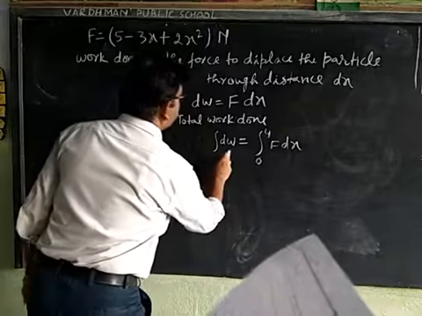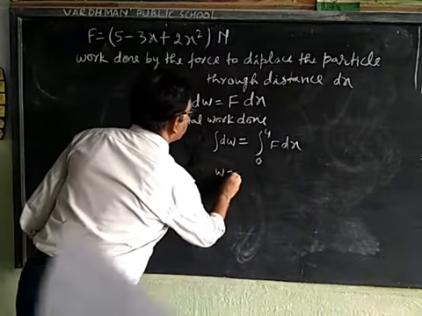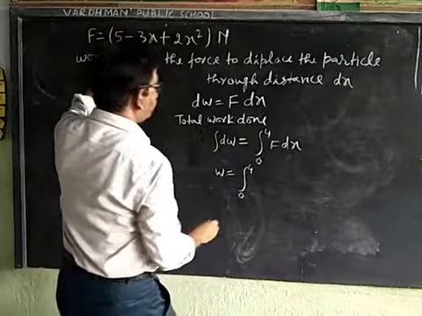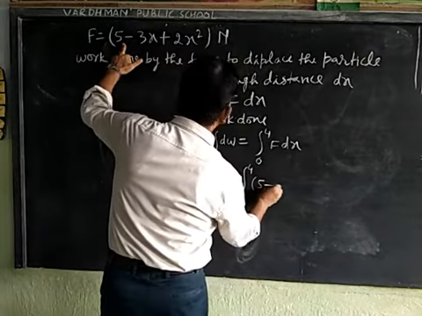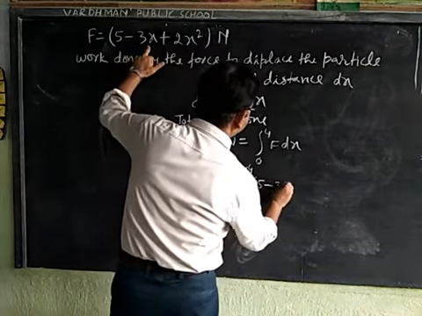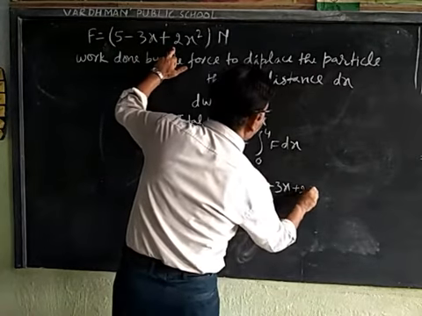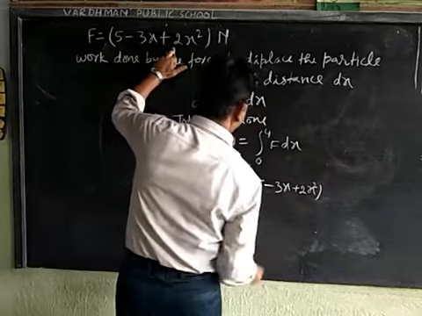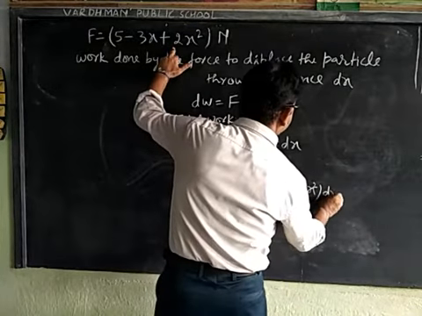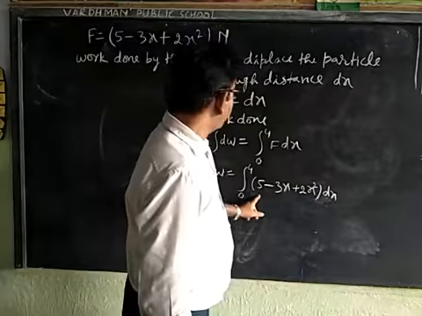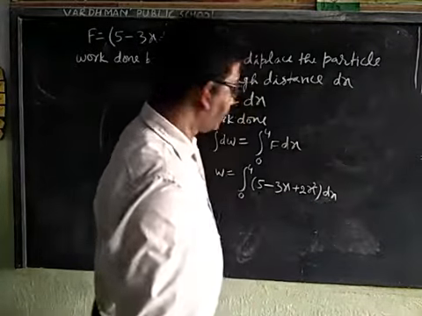That is integration of dW is W is equal to 0 to 4, 5 minus 3x plus 2x square into dx. Now integration of 5 dx is 5x.